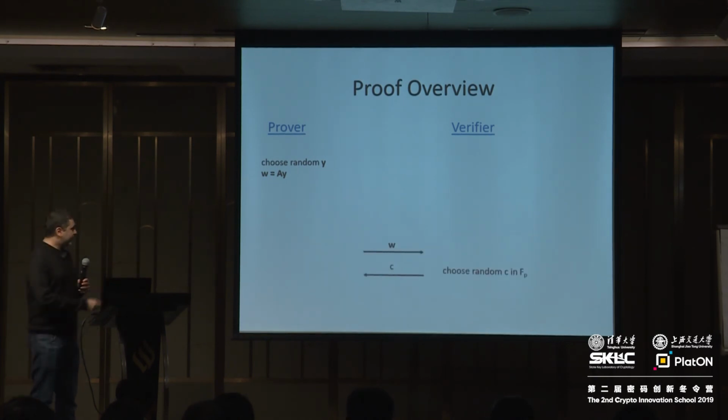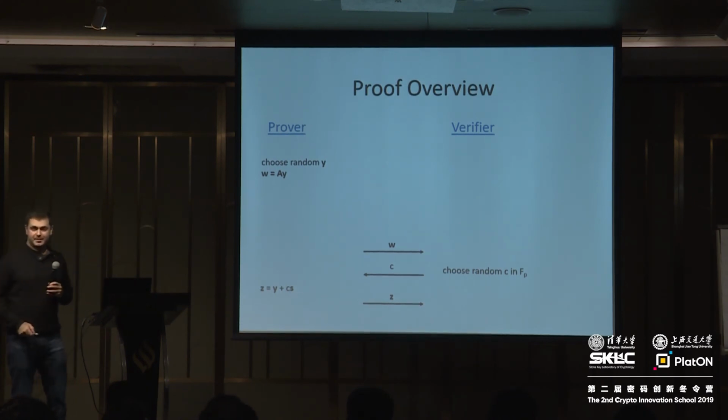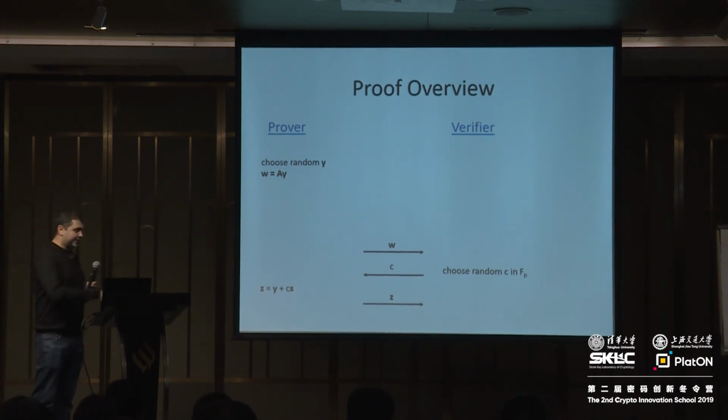Then we're going to do lots of other stuff, skipping for now, where we end up sending w, getting a random challenge c, no longer small, a big one is good enough. And then z is going to be y plus cs, and I send z. Right now this proves nothing so far, but there's going to be a lot of stuff going on.